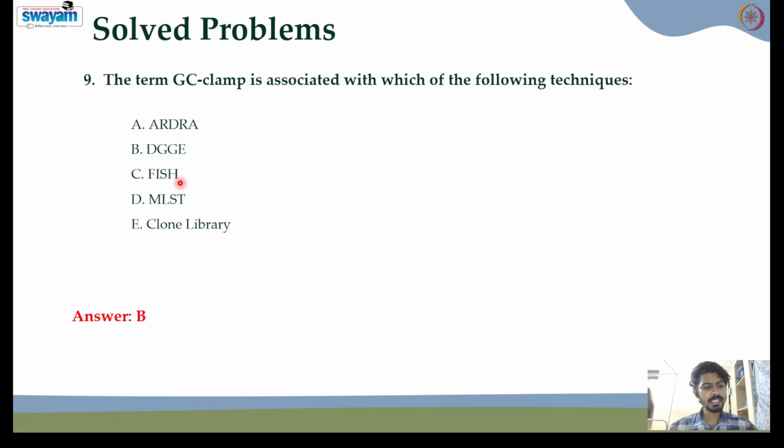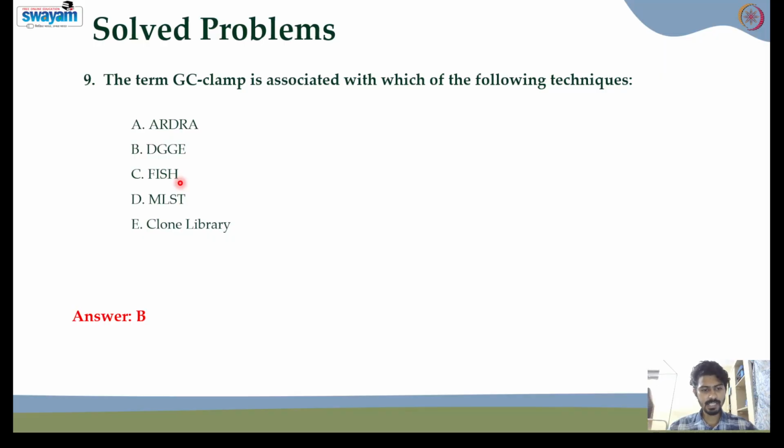So what does it mean? It is a molecular typing technique which uses the sequences of several specific housekeeping genes to identify the bacterial isolate. So this also does not involve any GC clamp. And the last one, which is clone library. What happens?